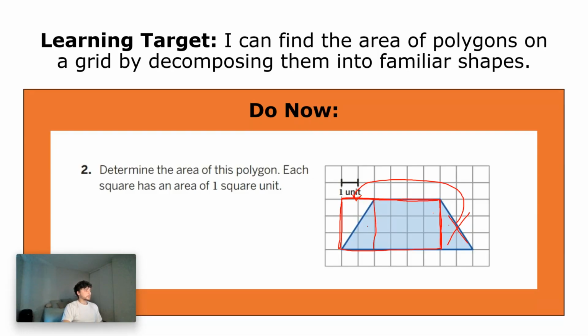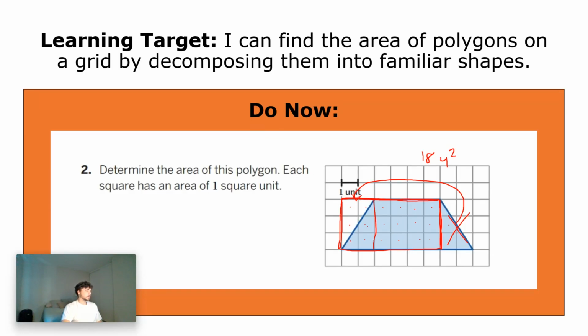Now I can simply count these square units. 1, 2, 3, 4, 5, 6, 7, 8, 9, 10, 11, 12, 13, 14, 15, 16, 17, 18. Of course, 18 units squared can also be found by counting my base: 1, 2, 3, 4, 5, 6.